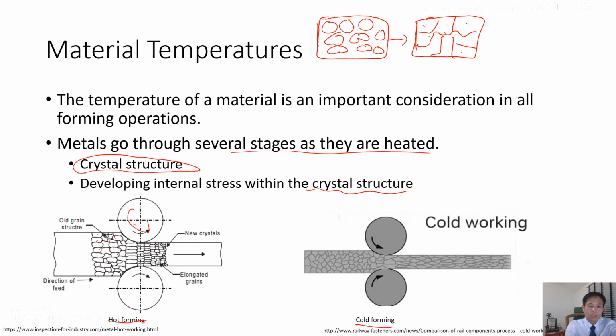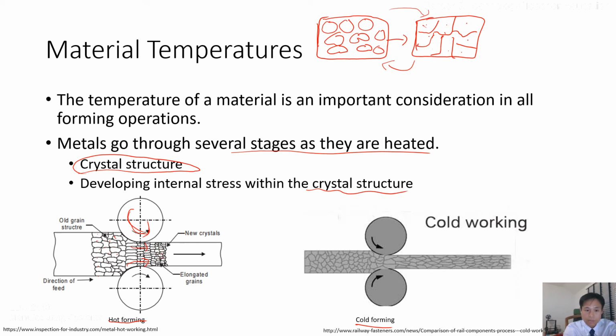In the high temperature, when we push the rolling, that creates a new crystal structure. So that's the kind of rotating process, and it has a new crystal structure that could be more soft.